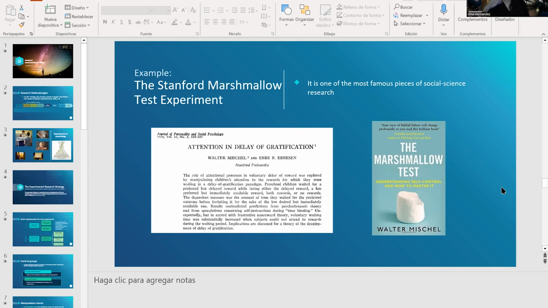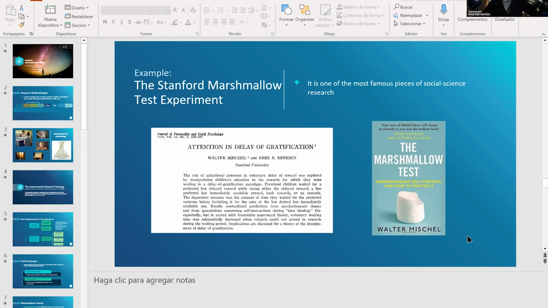So it was a fuss because they say, okay, so it is about self-control. Self-control is the key element in order to have success later in life. So this is why it became so famous. And this was the 60s, the 70s.